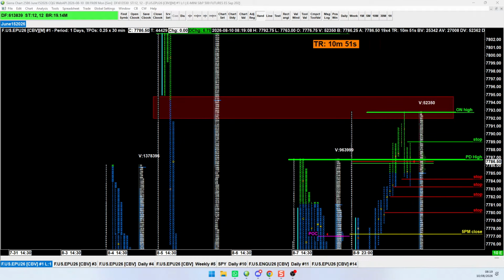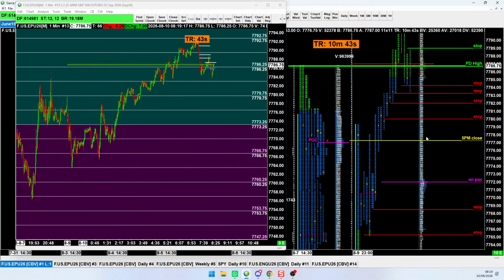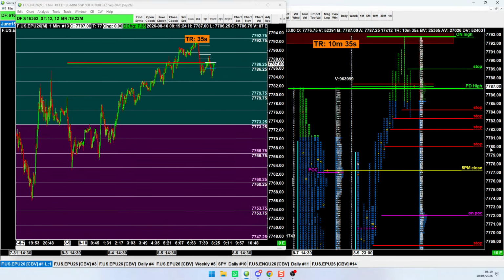I take the look below and fails of balance zones, previous day low, overnight low. That's it. Now, some people get cute and they take look below and fails of the close of this, of that, of everything. I like to take trades where I'm going to get the most order flow, where I'm going to get the most reaction.